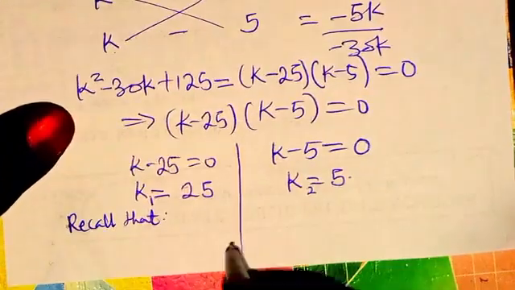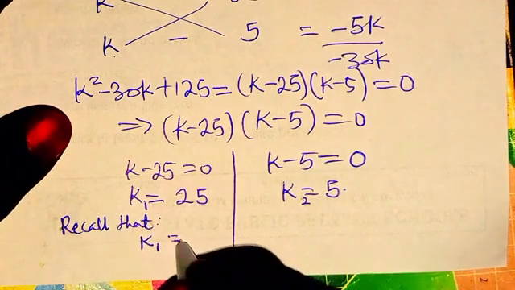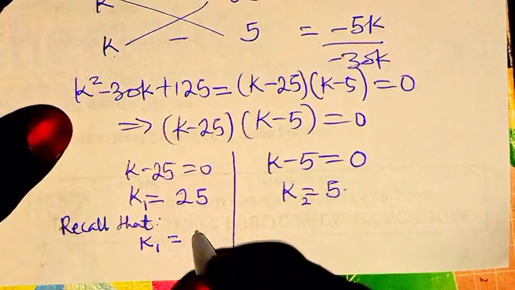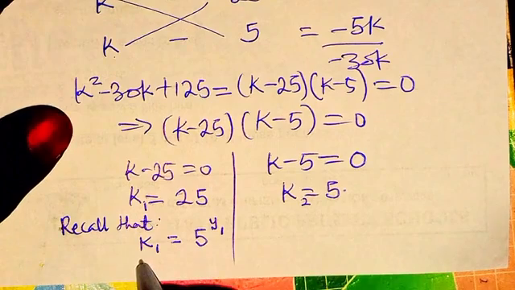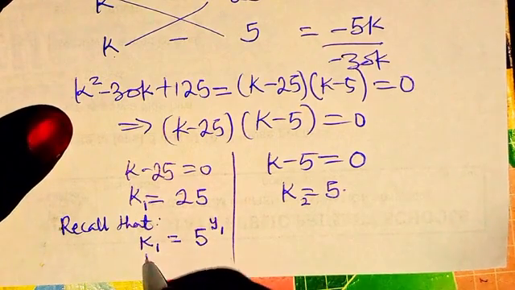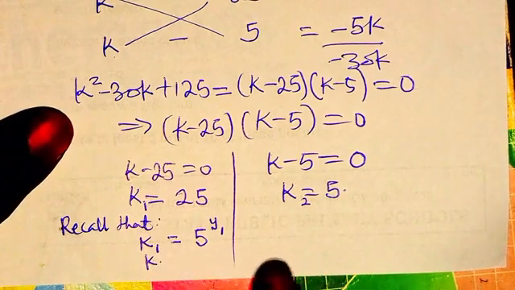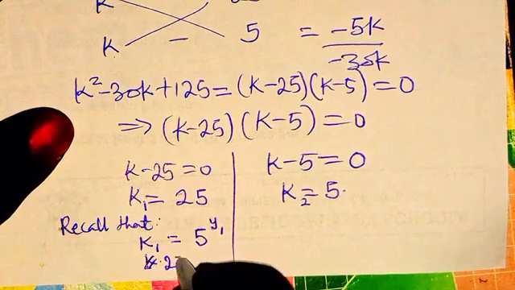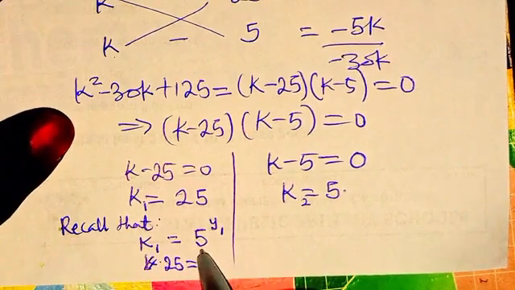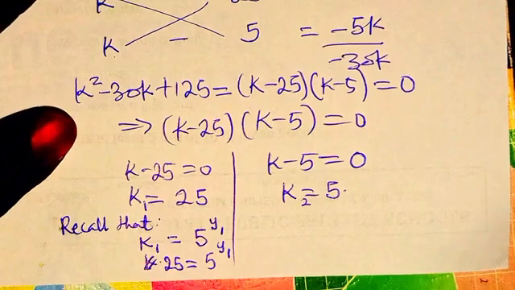So therefore, k1 is 5 to the power y1 because we use k1 here to be y1. k1, which is 25, equals 5 to the power y1, right?